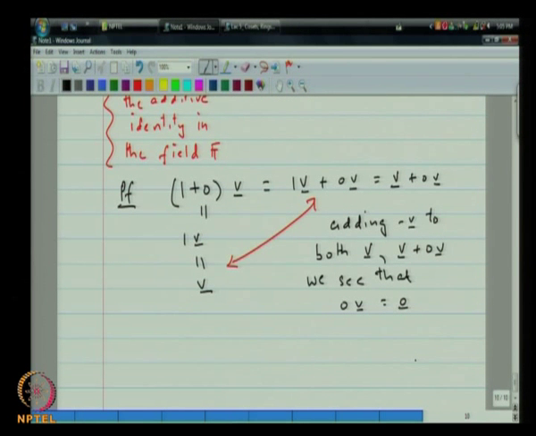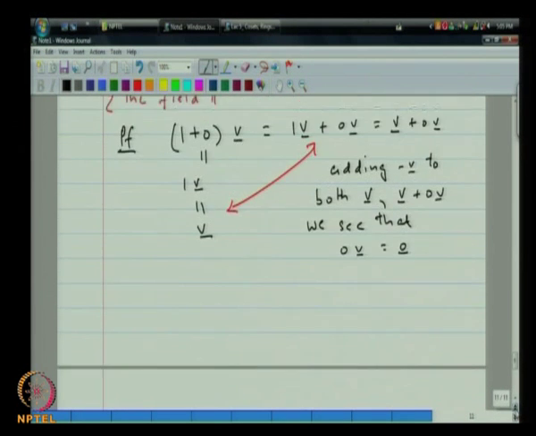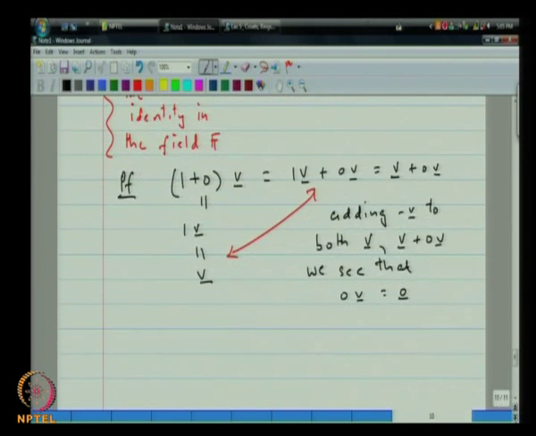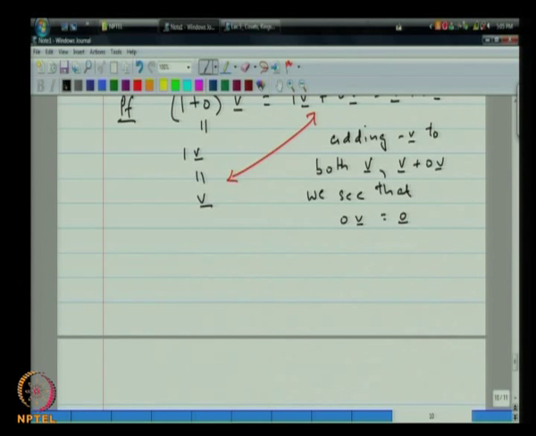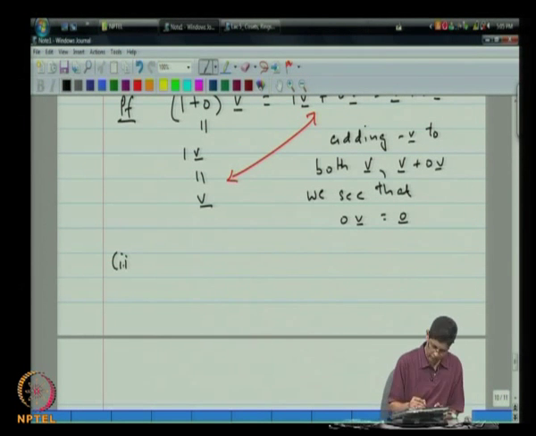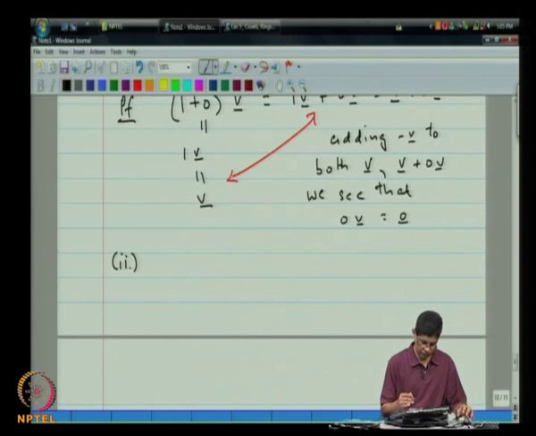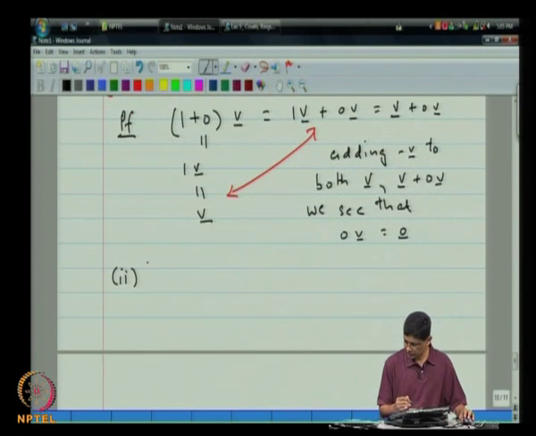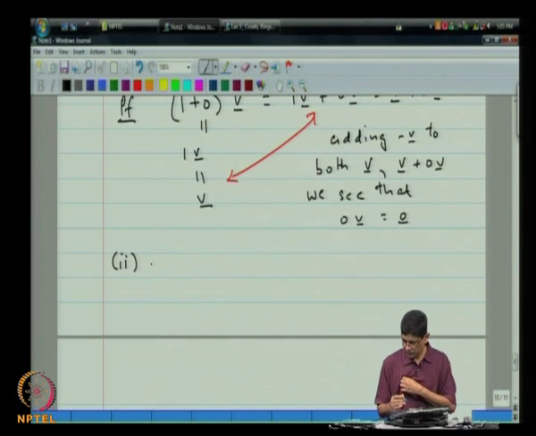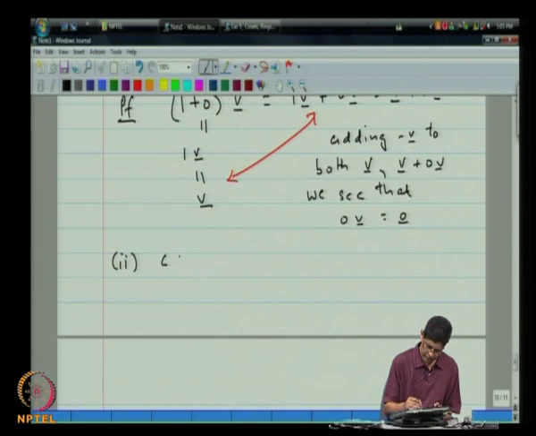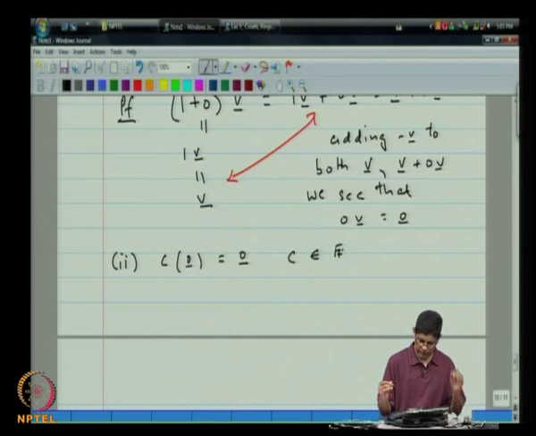So, in the interest of moving quickly, I will move quickly through the proofs of the other properties. If you take C times the 0 vector for any scalar, then you will recover the 0 vector.